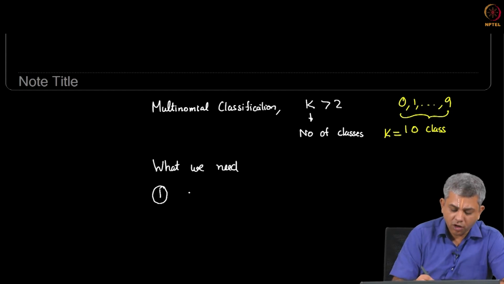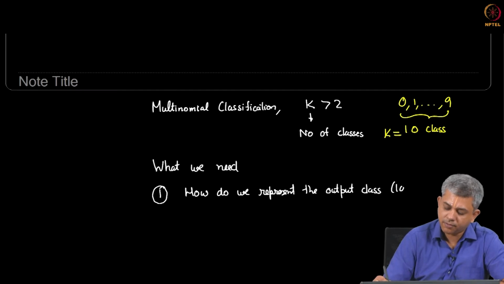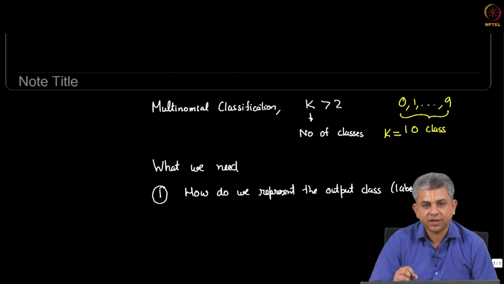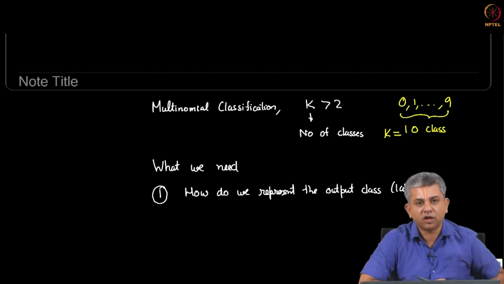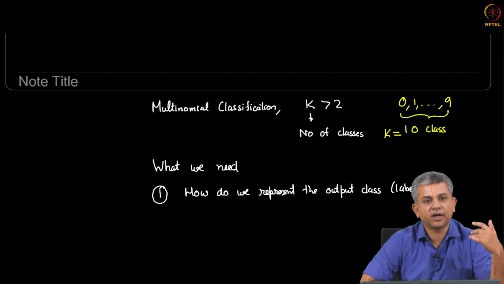First, we need to know how do we represent the output class. For example, in binary classification, we simply decided if it belonged to one class, we would label it as 0, if it belonged to another class, we would label it as 1.